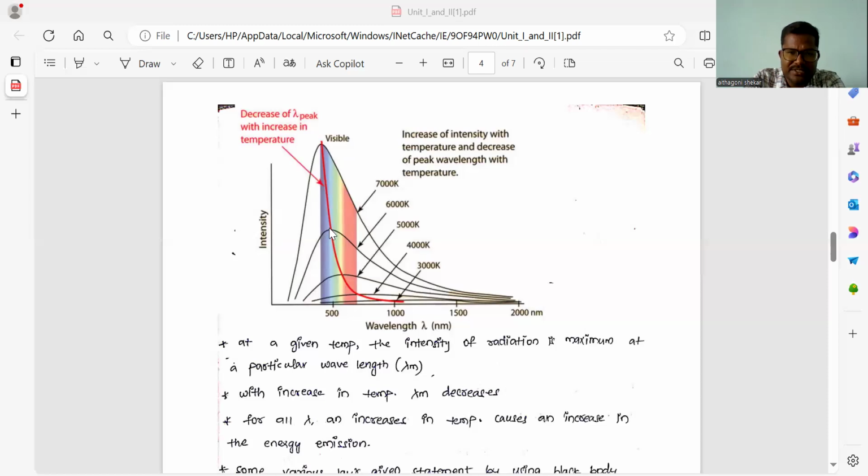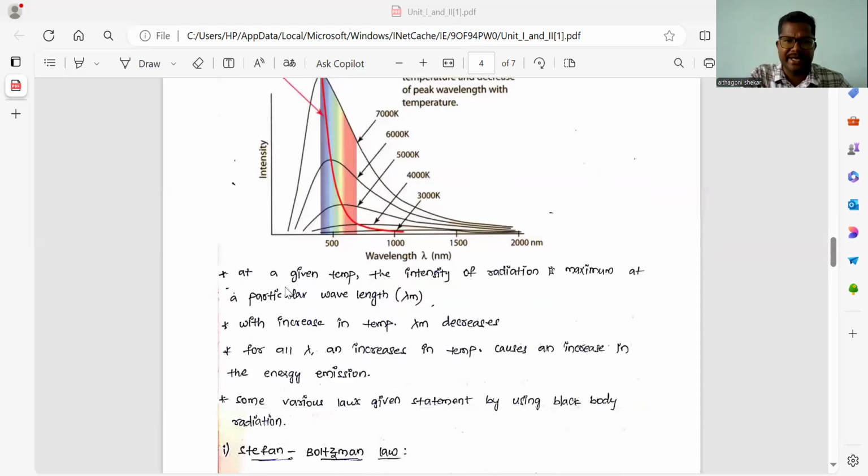This point also peaks in intensity at a particular wavelength, and this one also has a particular wavelength giving the peak intensity. After the peak wavelength, as the wavelength increases, the spectrum intensity decreases. Up to longer wavelengths, the spectrum intensity becomes zero. This is the first point.